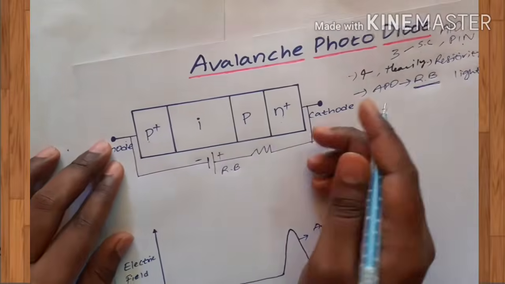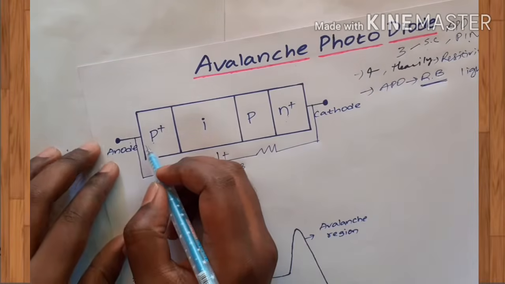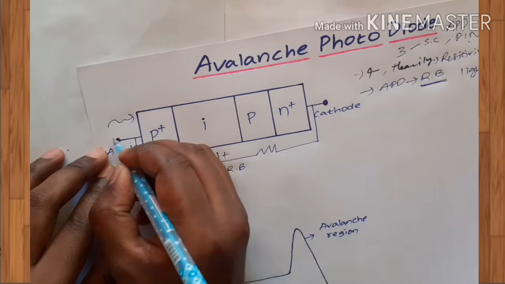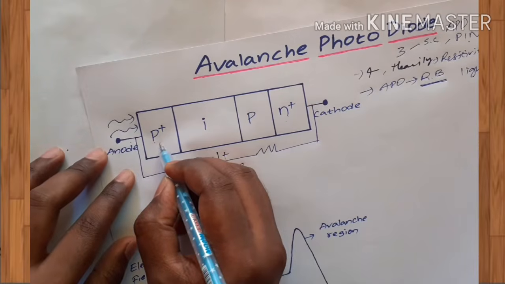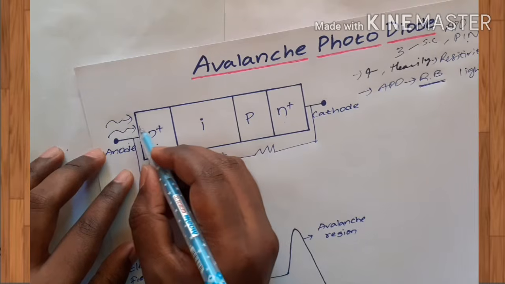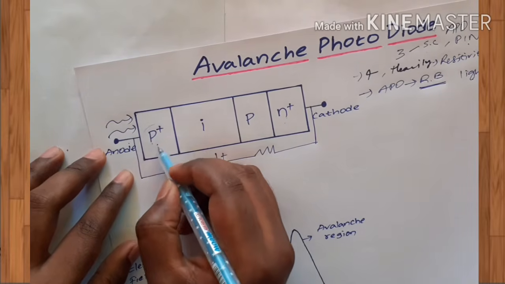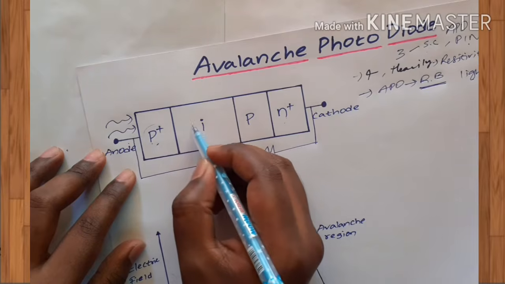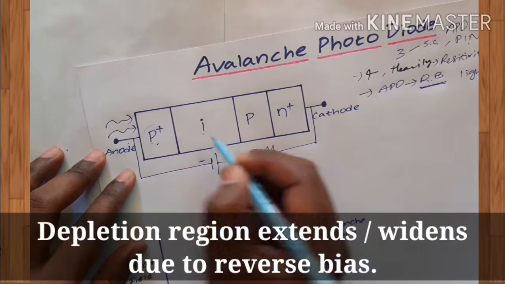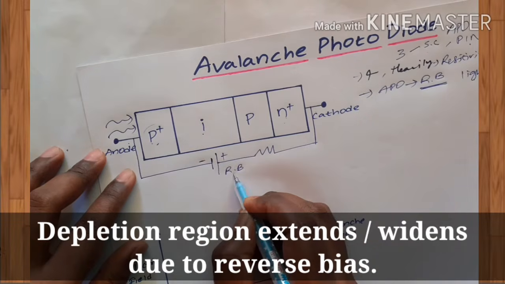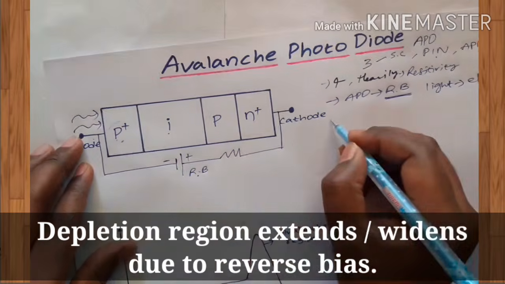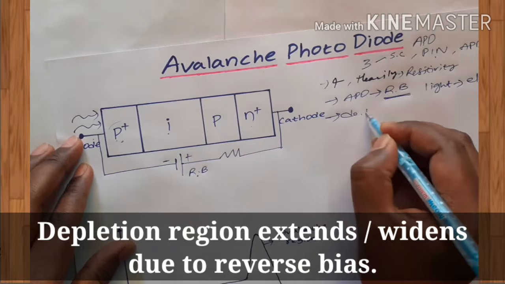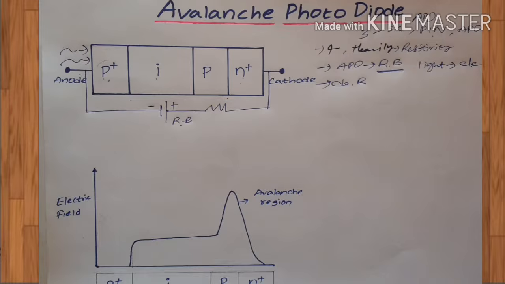Most of the light falling on the APD enters through the heavily doped P plus region, and after passing this region the light enters the intrinsic region. Because of the reverse bias configuration, the depletion region widens.